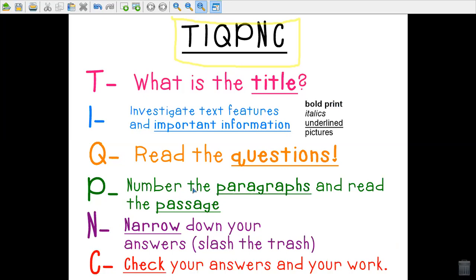If you've done TIQPN check, or for our other class, TIQRN, then you are set. You have done exactly what you need to do for today for our poetry lesson. And remember, we're pretending it is a Read to Achieve passage, like an RTA, like we do every Monday in class. So this is our poem that we're doing today.